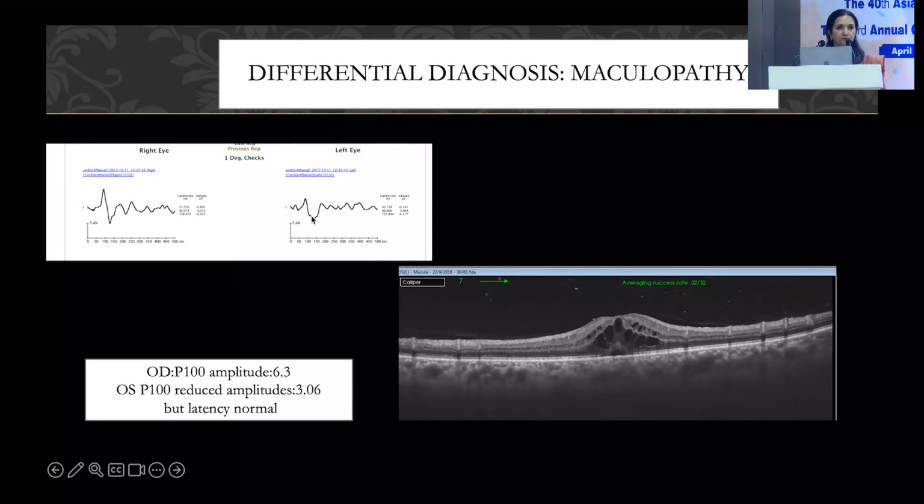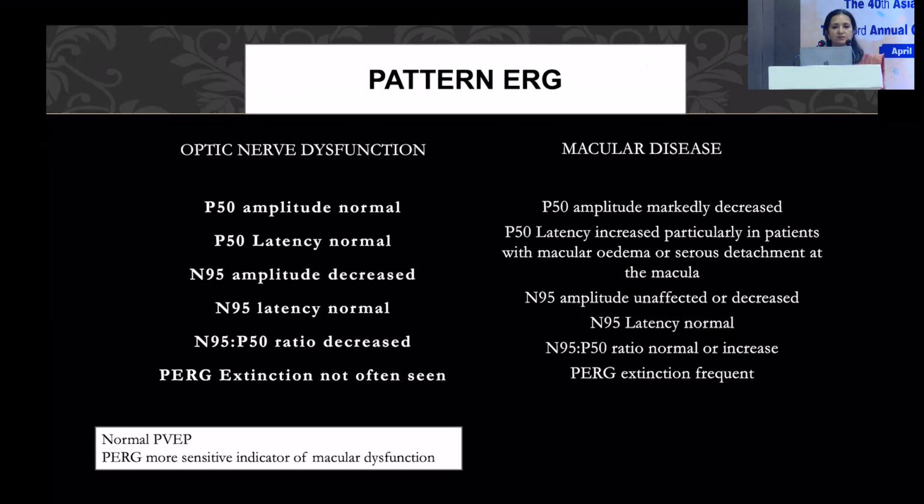It is already down, which is because a large part of the optic nerve is formed by the decussating fibers from the macula. So if the macula is abnormal, pattern VEP automatically will become abnormal, even if the optic nerve is healthy. So only if pattern VEP is down along with a decrease in N95 can you definitely say that it is optic nerve dysfunction which is causing it.